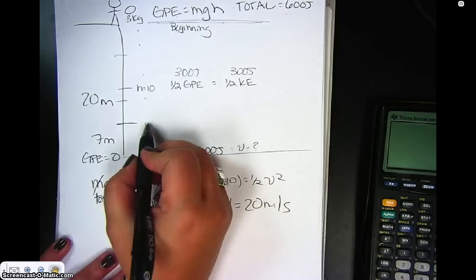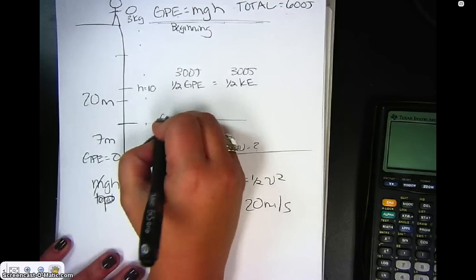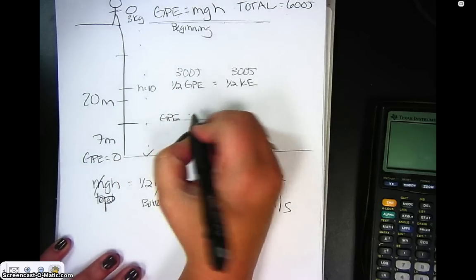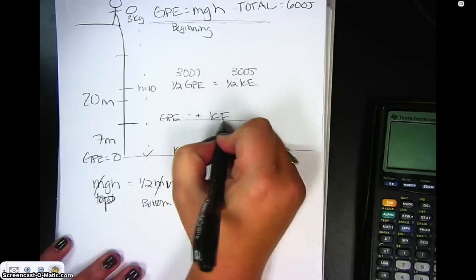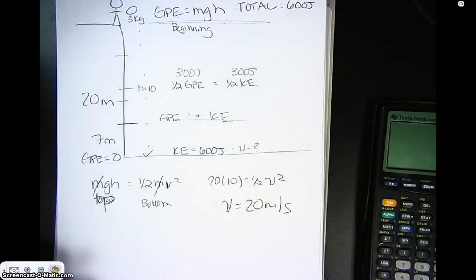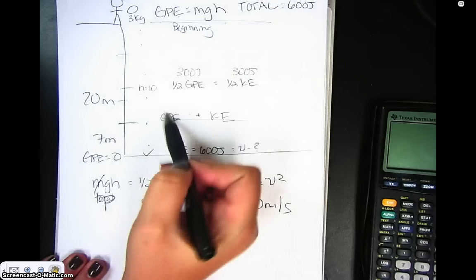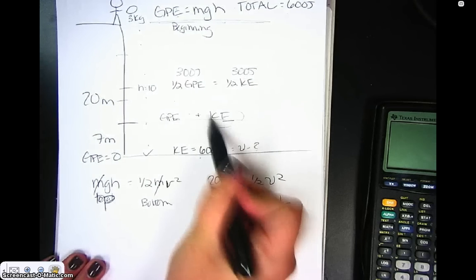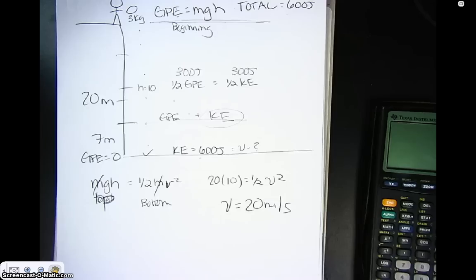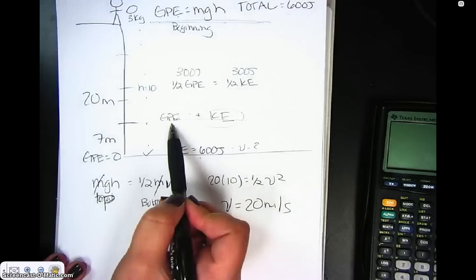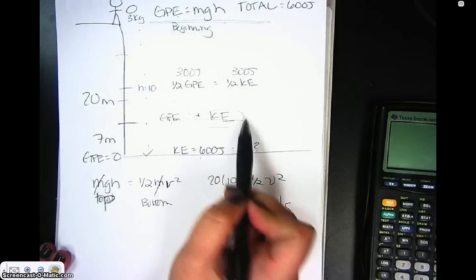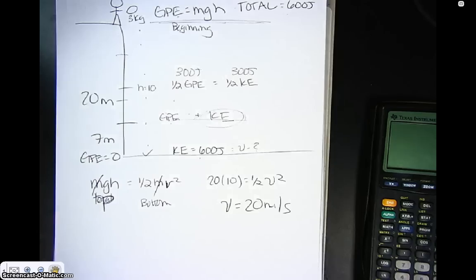Then at the end here, some of it is gravitational potential energy and some of it is kinetic energy, right? The difference between these two heights tells me how much kinetic energy I have gained, right? So the amount lost here is equal to the amount gained here, right?